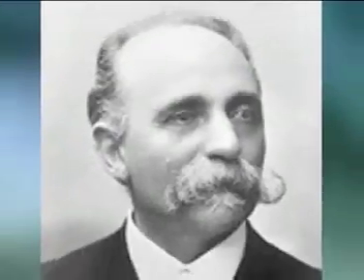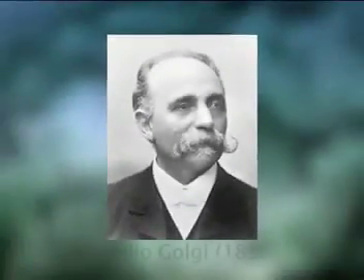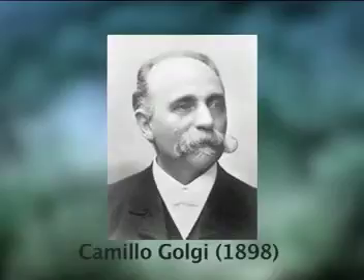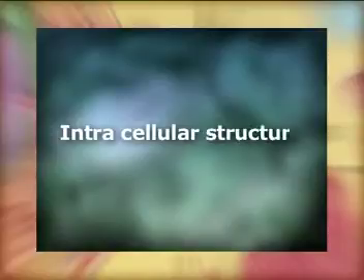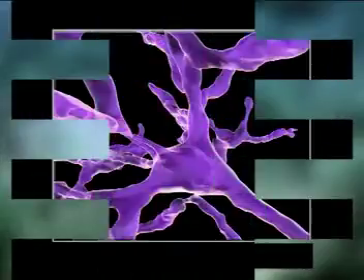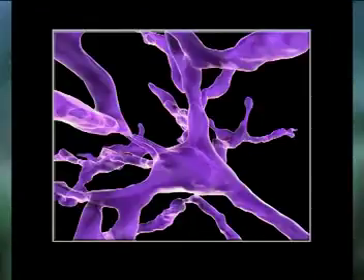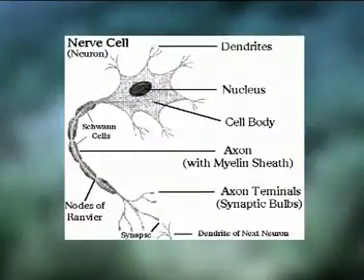In 1898, Camillo Golgi, an Italian neurologist, communicated his finding of a novel intracellular structure which he had detected in nerve cells of cats and barn owls by means of a variant of black reaction he had developed earlier for the staining of the nervous tissue.